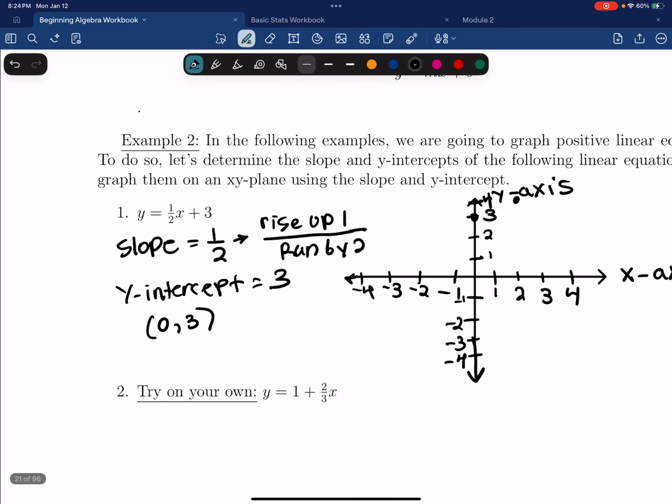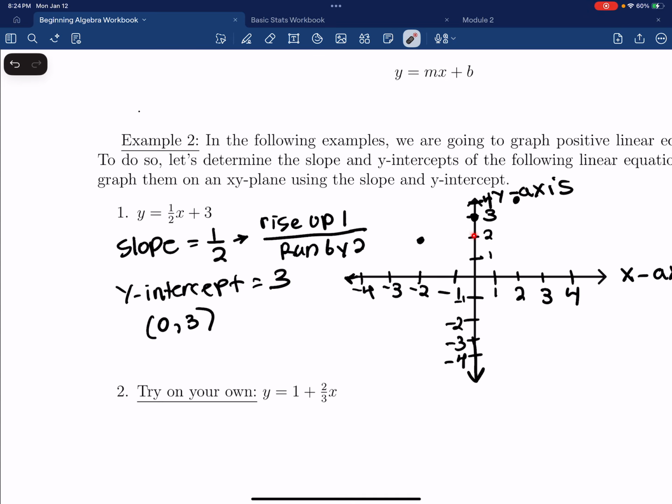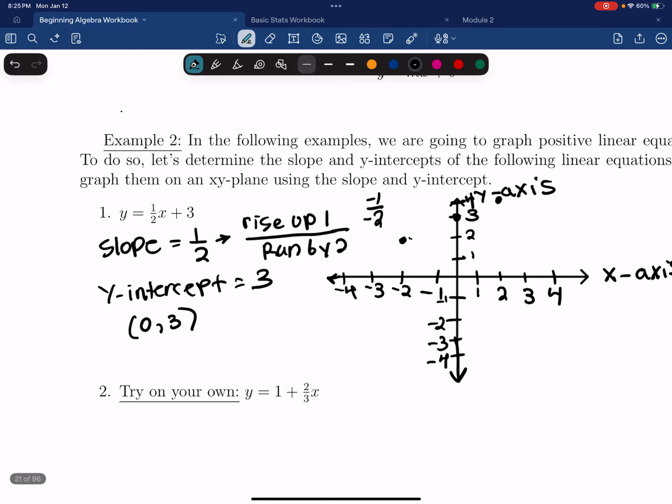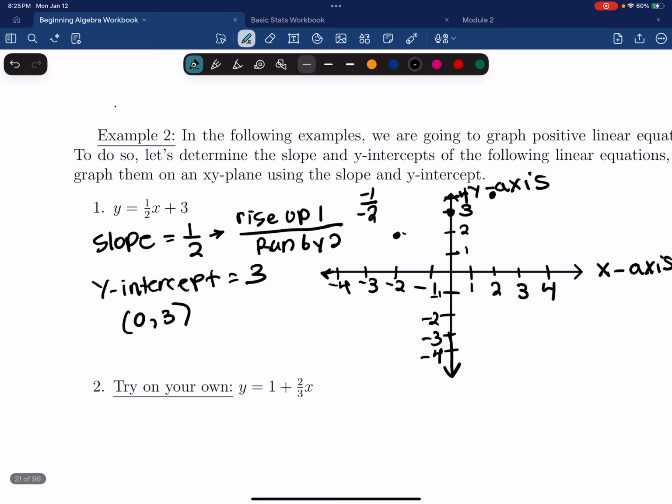And I'll explain here why this works. If we go down, that means we're going down a negative value, so we're going down by -1. If we go left in the x direction, that means we're going negative in x. So we're going down by -1, and our run is -2. But what's a negative divided by a negative?